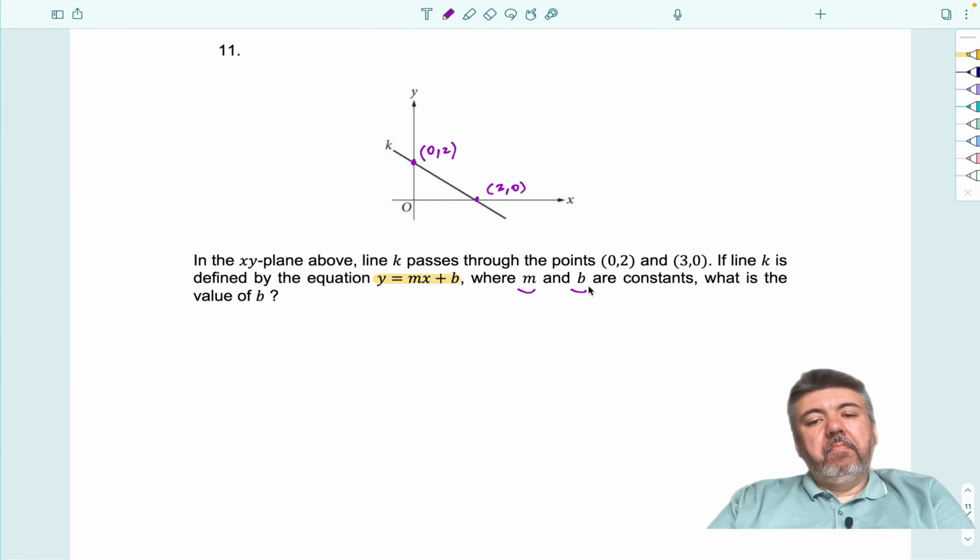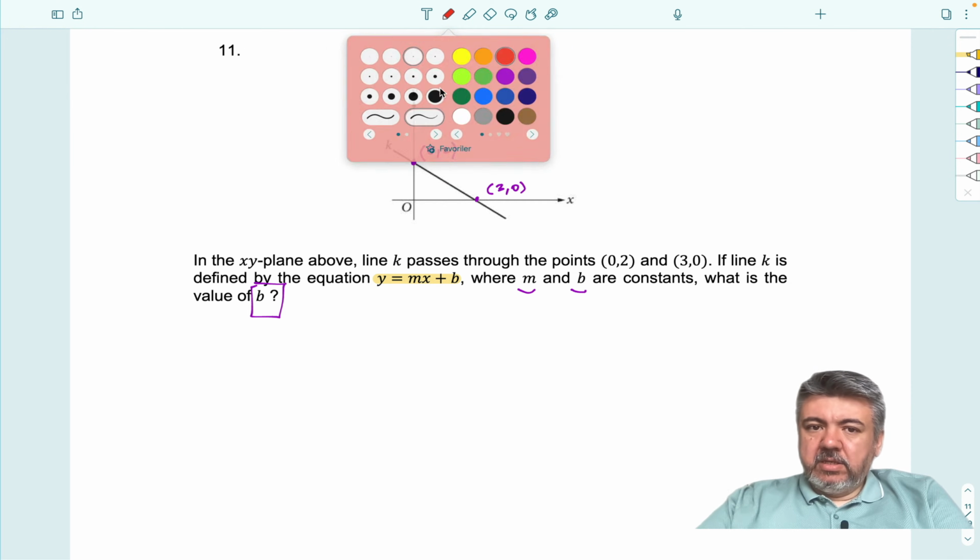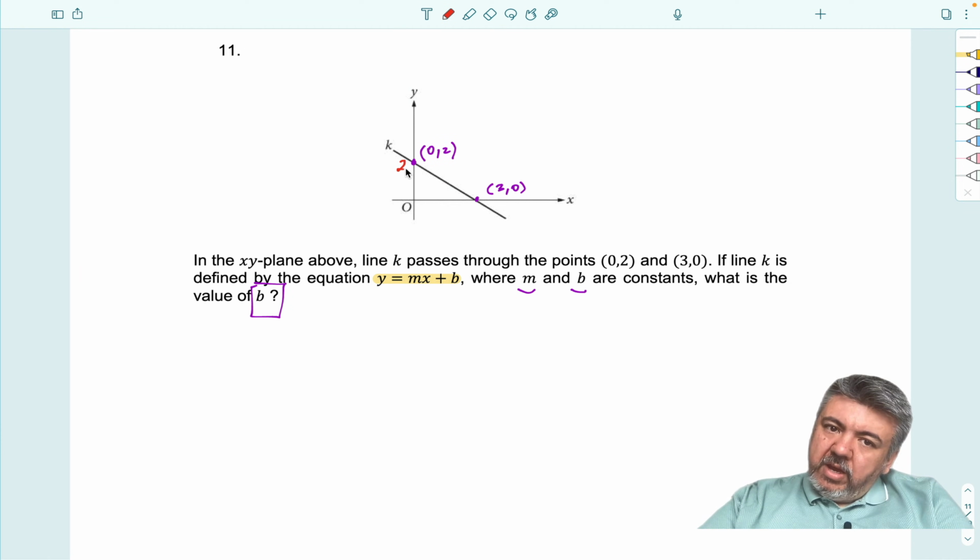And what is the y-intercept? Actually, they are asking me what is the y-intercept, b. It's not very challenging. Let me explain it to you. The graph obviously passes through 2 here and 3 here.